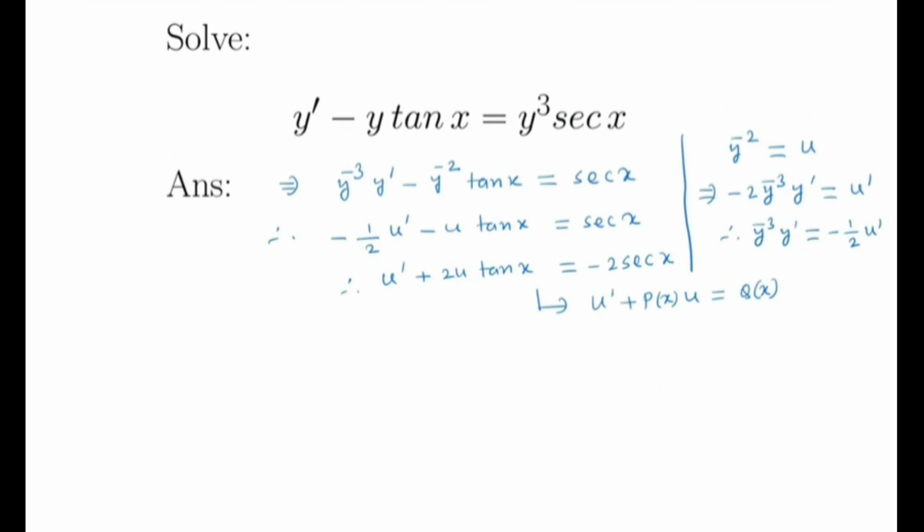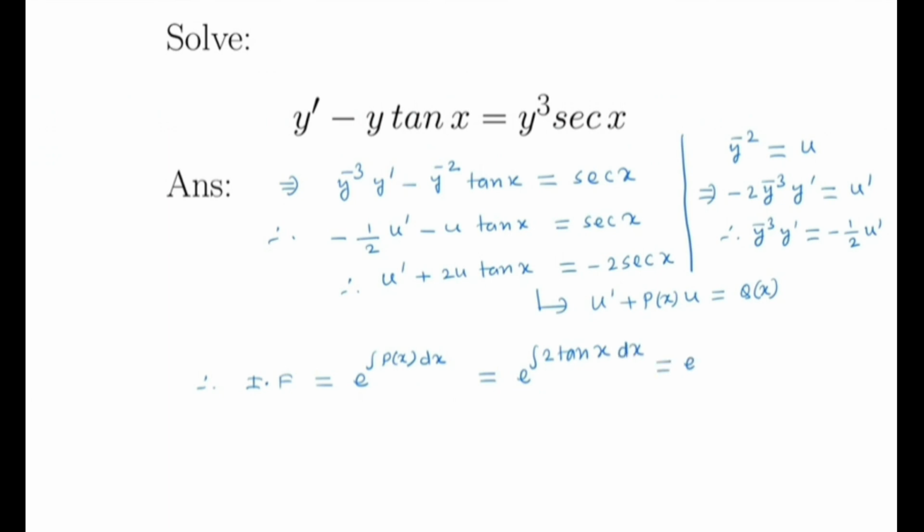So now coming to the problem, here we solve this kind of equation by finding the integrating factor. The integrating factor will be e to the power integral p(x) dx, and p(x) is 2 tan x. So e power integral 2 tan x dx.